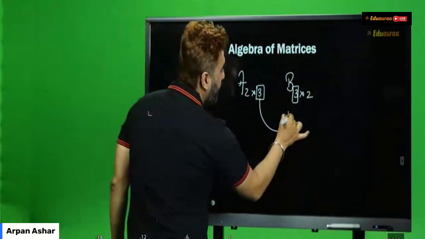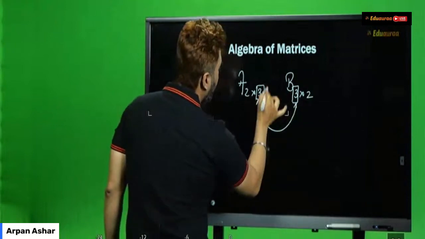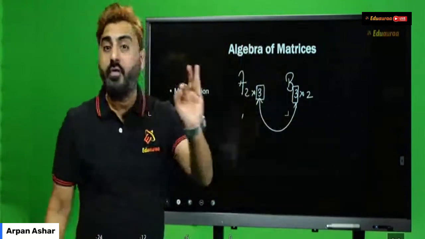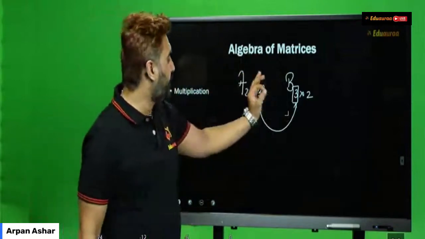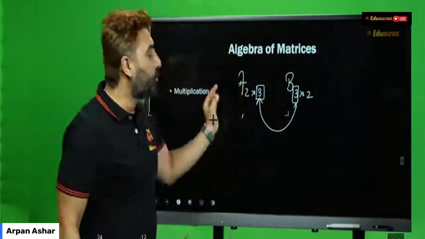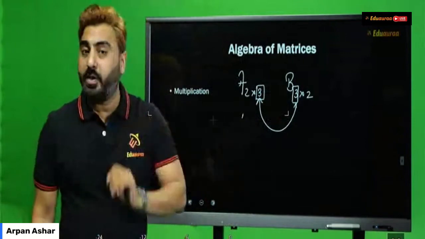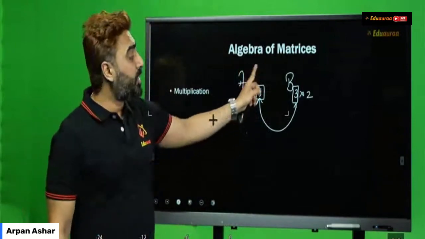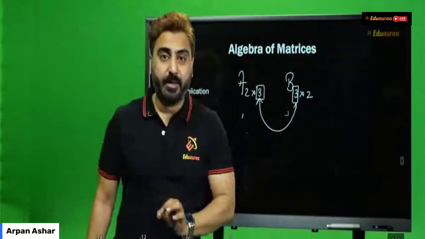If this condition matches, what condition? Column of first matrix should be same as row of second matrix. If this condition matches, then only you can multiply two matrices. What is the condition? Column of first should be same as row of second.